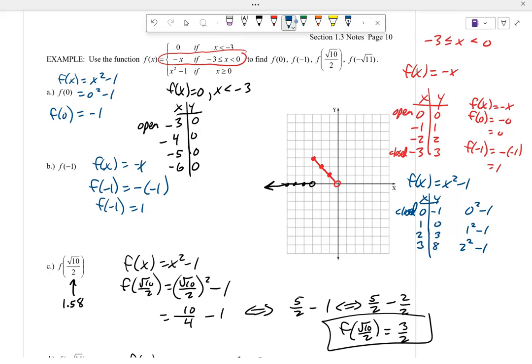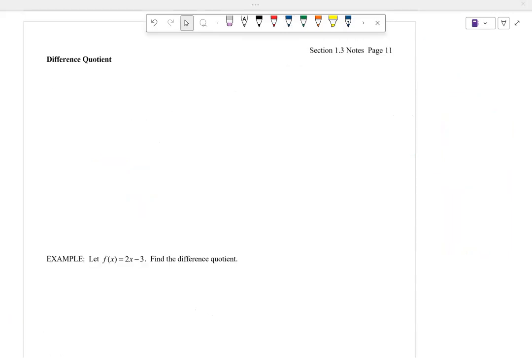So we have 0, negative 1, that is closed. 1, comma 0, 2, comma 3, 3, comma 8, and it's a quadratic x squared, so it's got a little curvature to it, but it's going to keep going. And there's our pretty decent graph for that piecewise defined function.